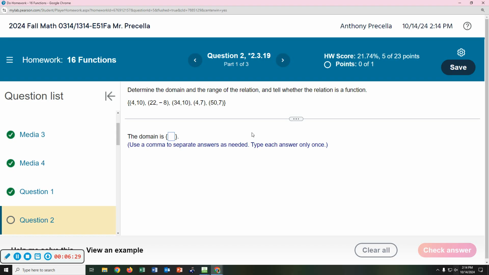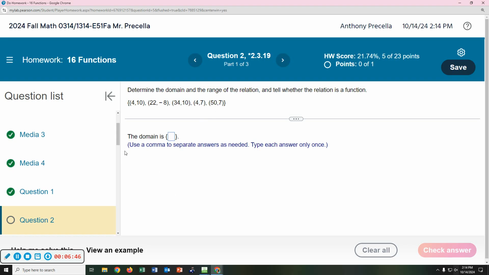That x value 34 is being assigned the y value 10. 4 is assigned to 7. And 50 is assigned to 7.